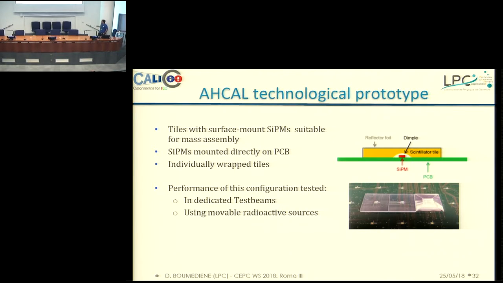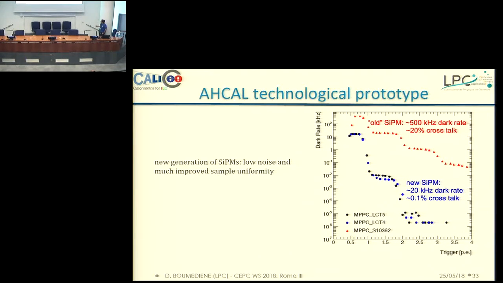Many tests were performed in test beam with small prototypes, and also using radioactive sources to show that there is no homogeneity problem. And so this is my last slide on the AHCAL.